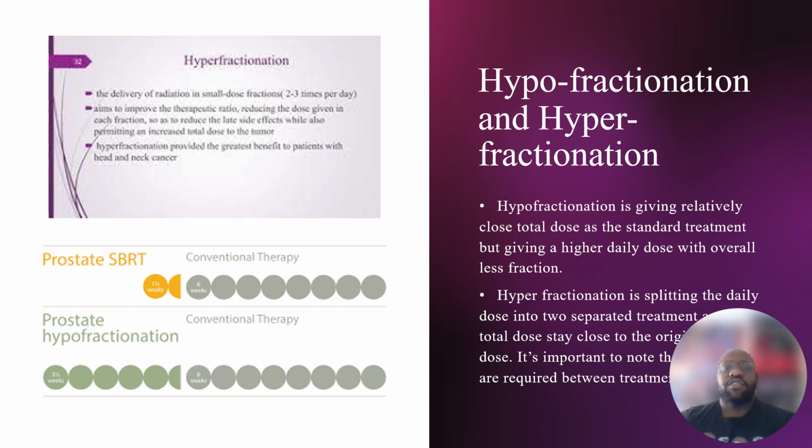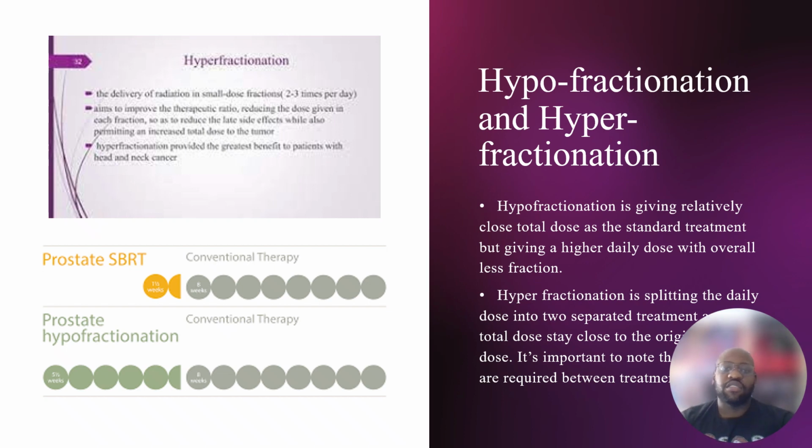Hypofractionated versus hyperfractionated. So fractionation is taking a large dose and breaking it down into smaller doses. The reason we do that is to give the body time to repair itself from sublethal damage and gives the tumor time to reoxygenate itself, which is a sensitizer.